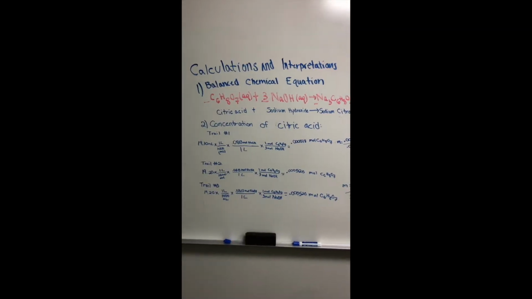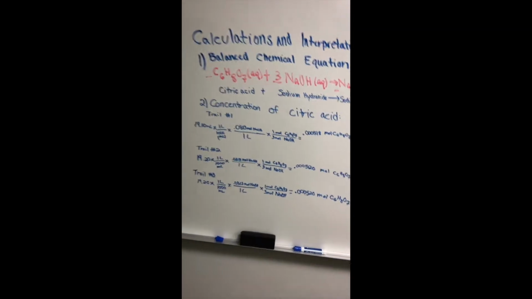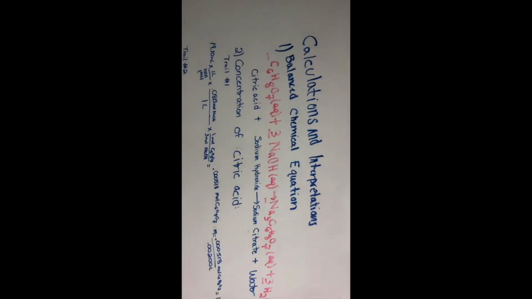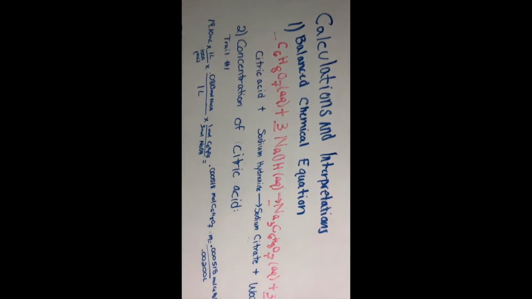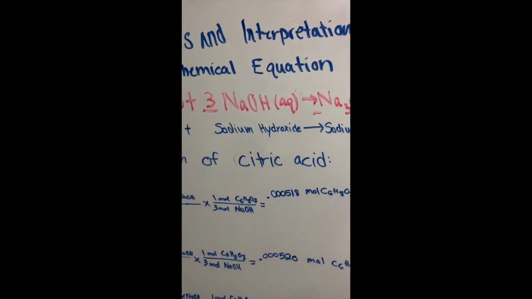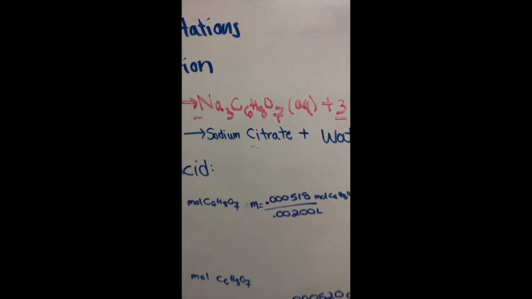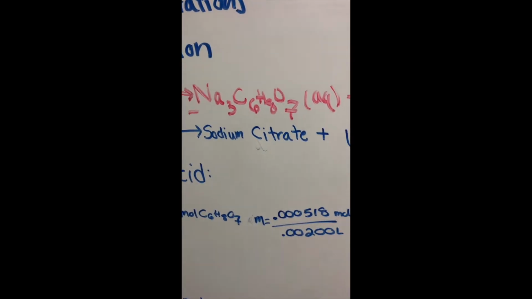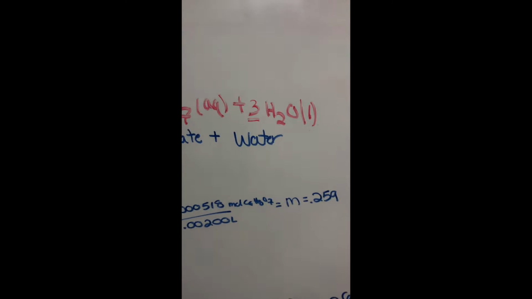For calculations and interpretations, questions 1 and 2, my balanced equation is here, at the top in red. You have citric acid plus sodium hydroxide, which forms sodium citrate and water.